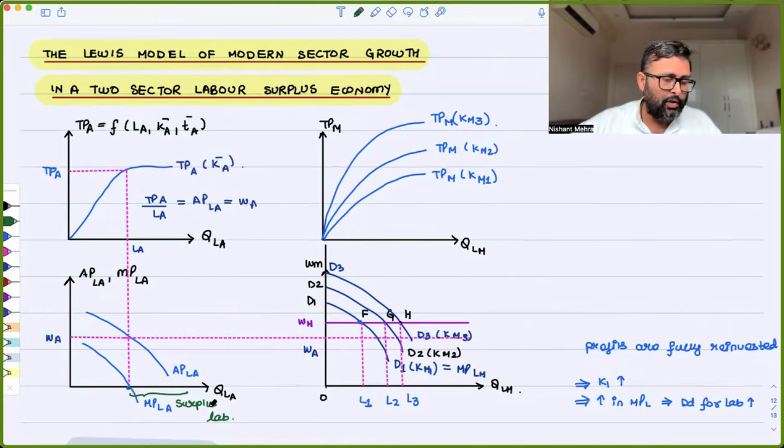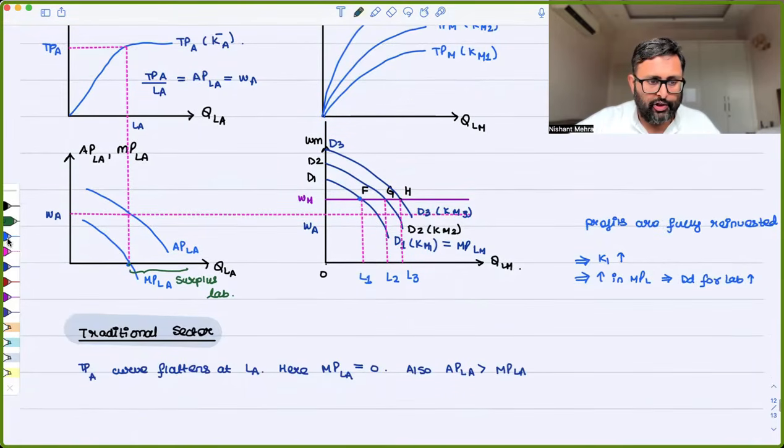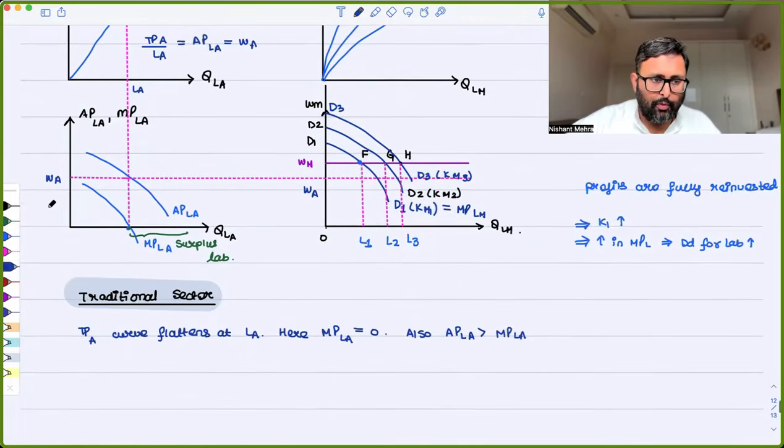So eventually, you can write somewhere. This was the modern sector, or manufacturing sector, or industrial sector, whatever you want to name it.